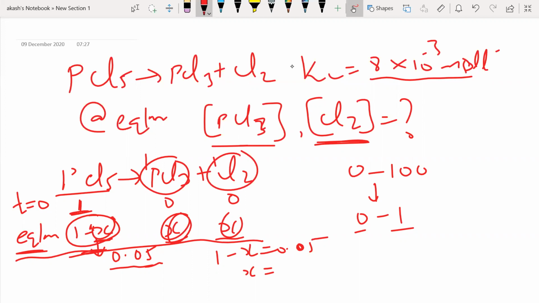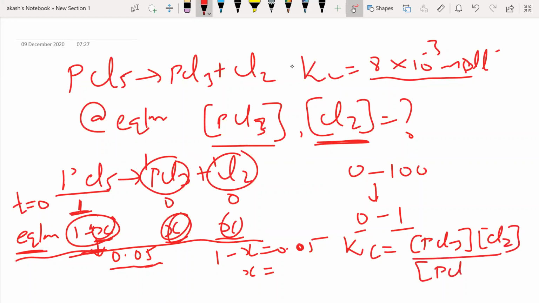Now if I go for the equilibrium constant equation, Kc will be equal to the concentration of PCl3 into the concentration of Cl2 divided by the concentration of PCl5. Done, right? Products by reactants.